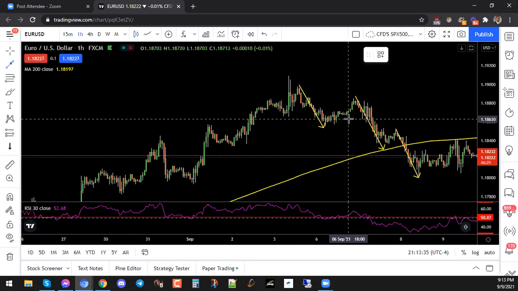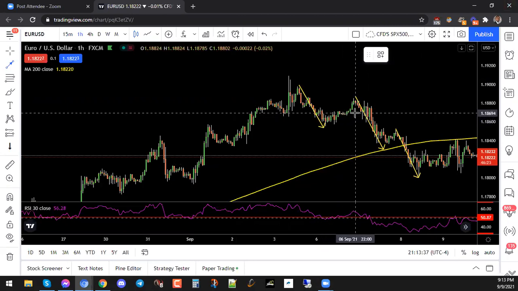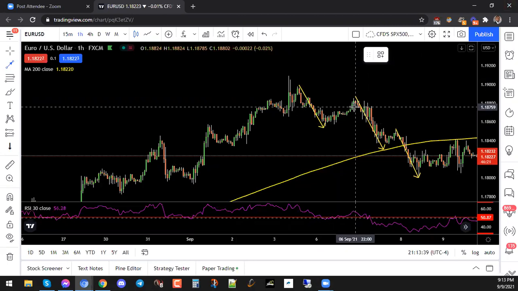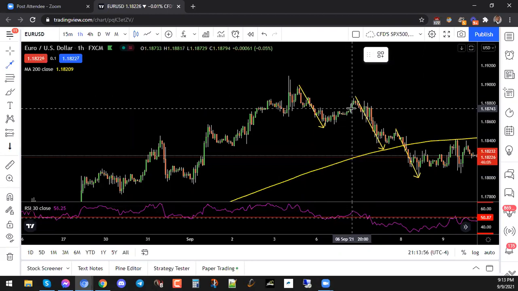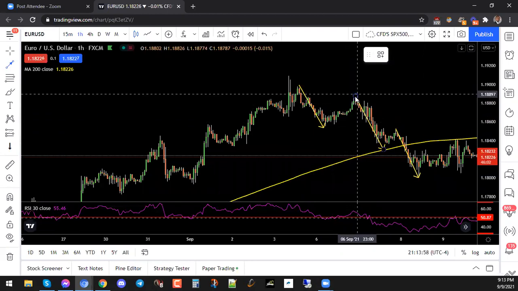You can see the price continued moving up. And right over in this area here, you can see this is basically 4 p.m. Eastern Standard, right? And right here at 4 p.m. Eastern Standard, you can see that a swing was created. This is a new swing.